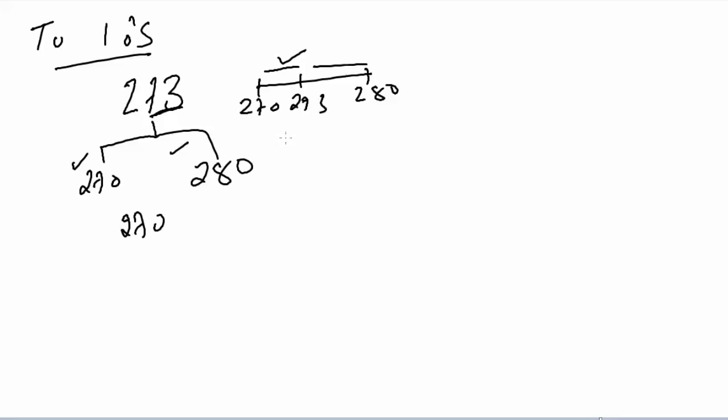Now the second method is approximating it to the nearest hundreds, that is, to the hundreds place. This will apply to a 4-digit number, for example, a number like 2735.